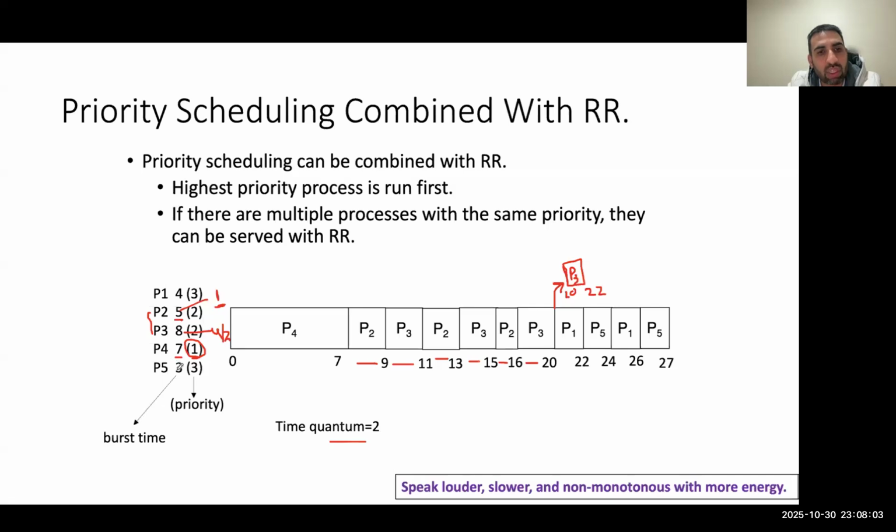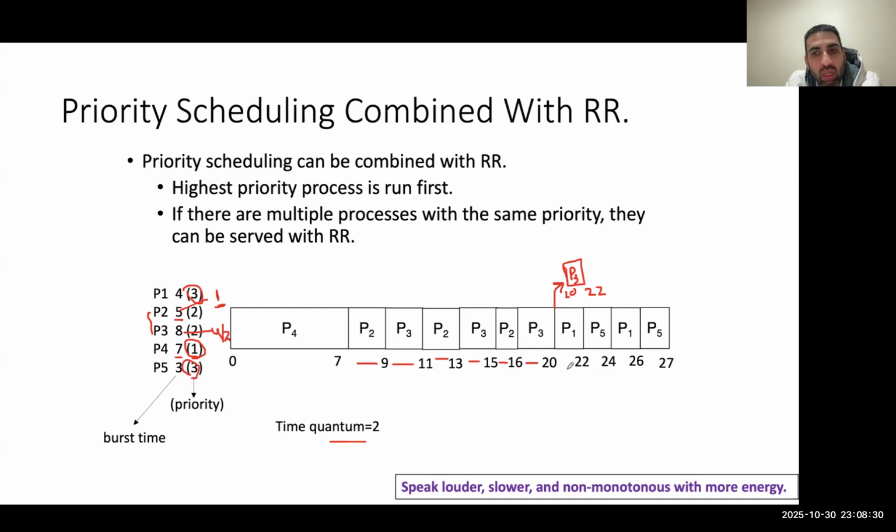Now we pick the process which has the highest priority. So we have only P1 and P5. Both have the same priority 3, right? So we then use round robin among them. So not P1 and P3, P1 and P5, sorry.